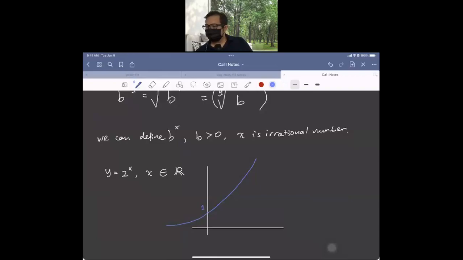Not quite correct, it should be a little bit steeper. Irrational, sorry, my bad, x is irrational.